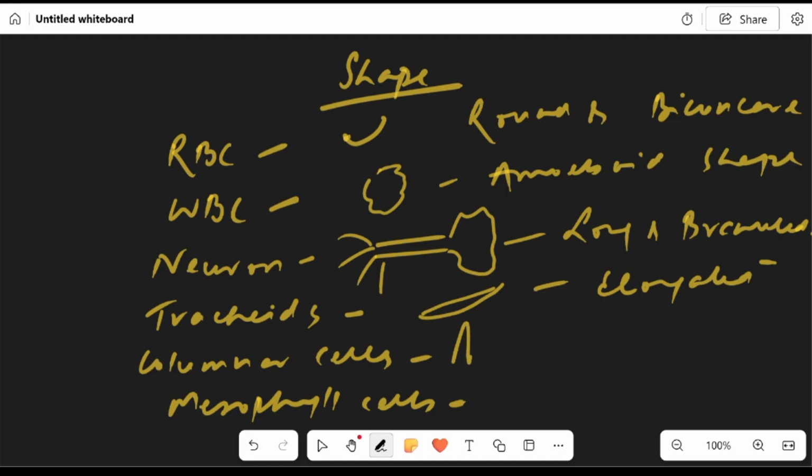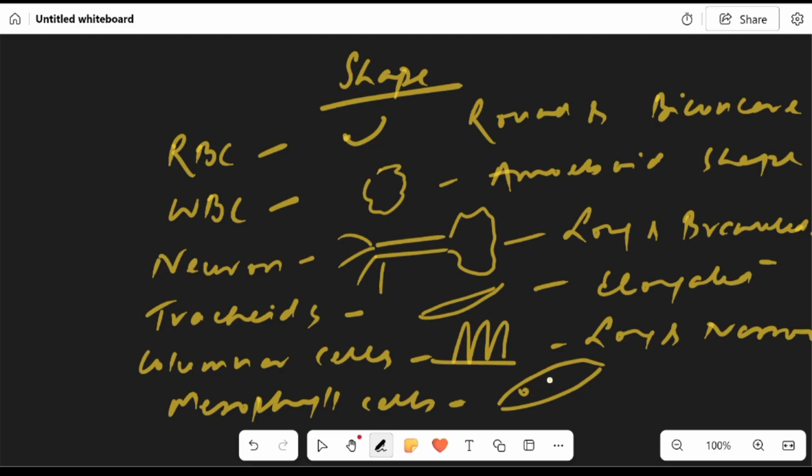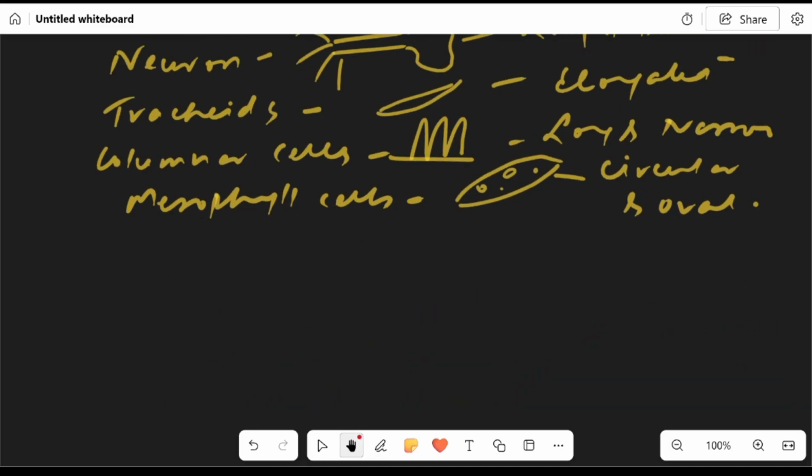Columnar cells, long and narrow. Mesophyll cells found in leaf, circular as well as oval. So that's the shape.